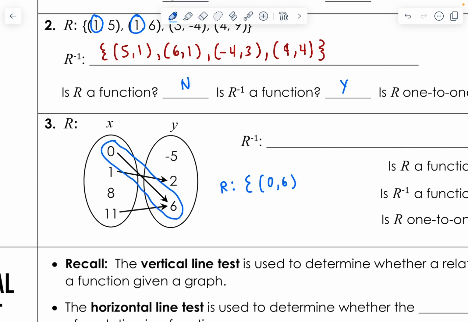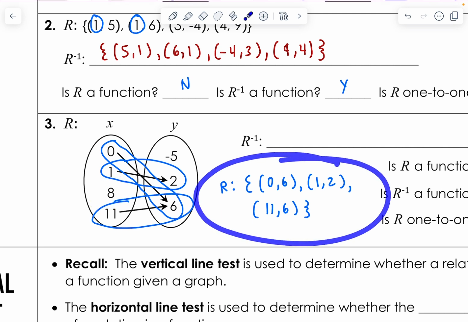So 0 comma 6. 1 will map to 2. 11 will map to 6. And that is pretty much it. They included this 8 here just to kind of distract you, but this is our relation right here.